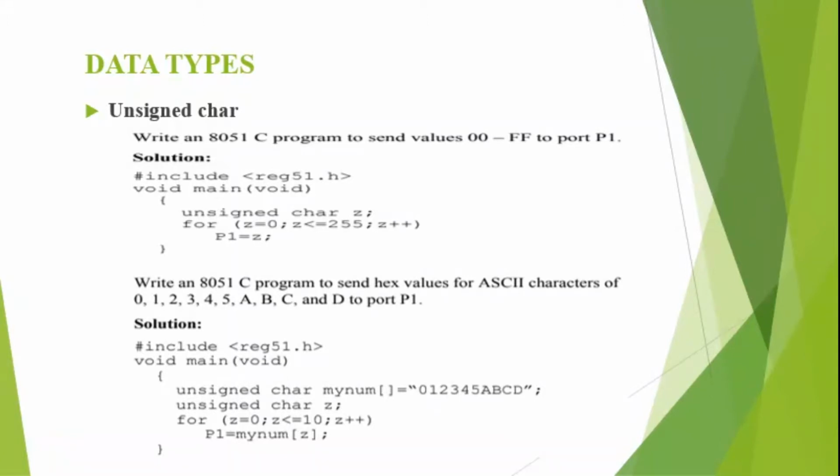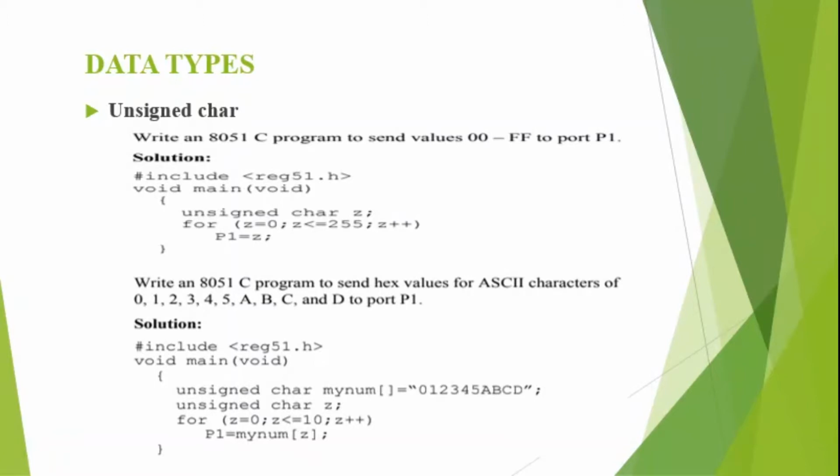And the next program: write an 8051 C program to send hex values for ASCII characters 0, 1, 2, 3, 4, 5, A, B, C and D to port P1. In the main function, we have the array mynum declared as unsigned char and it is assigned the ASCII characters. And then variable z is declared as unsigned char.